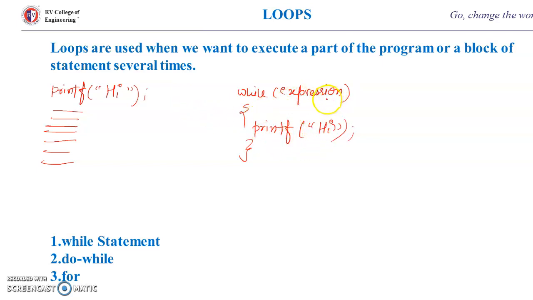With the help of a loop we can execute a part of the program repeatedly till some expression is true. So in C, loops can be written using three iterative statements: while statement, do while statement and for statement. First in this video lecture I will discuss the while statement. First I will tell the syntax of writing the while statement.